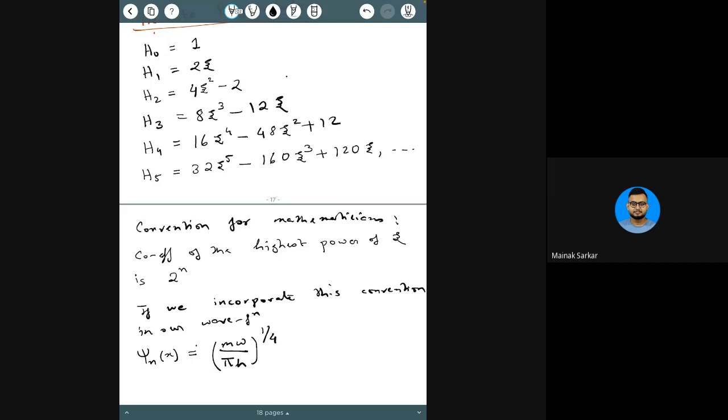This was the ground state with the size here. And for every excited state, we had 1 by root of n factorial.